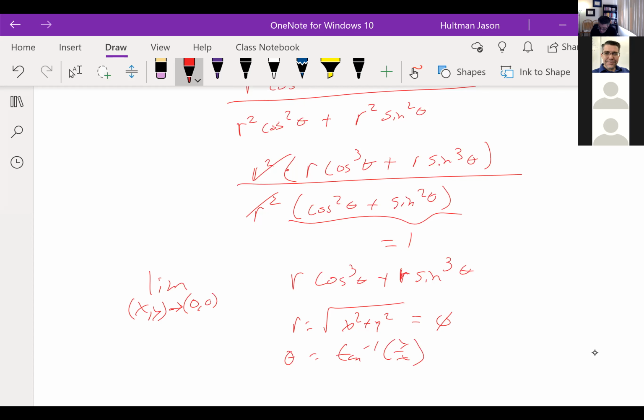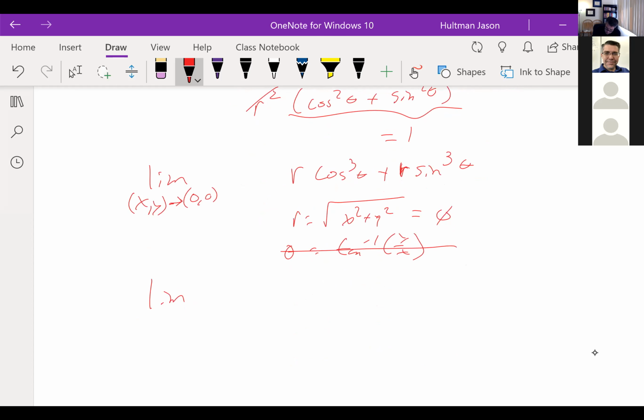But that's okay because we don't really care what theta is, right? In this case, let's just ignore it, because when we plug in 0 for r, what happens to the whole thing? This becomes the limit as (r, theta) goes to (0, theta), for any theta.